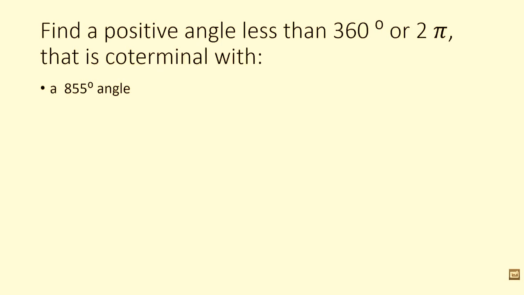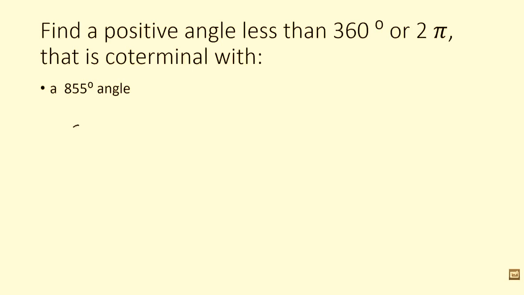Find a positive angle less than 360 degrees or 2 pi that is coterminal with an angle that measures 855 degrees. So we want to obtain a positive angle. So for an angle that measures 855 degrees, it will be necessary to subtract 2 multiples of 360 degrees.